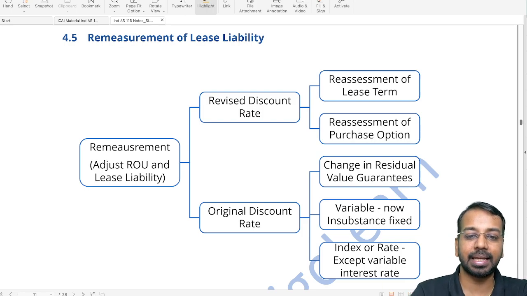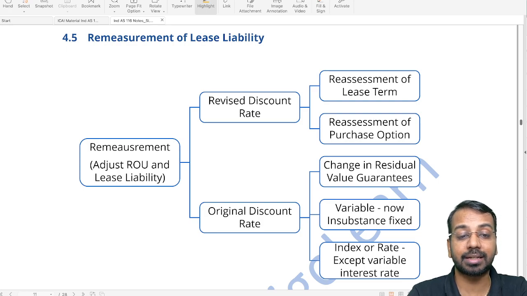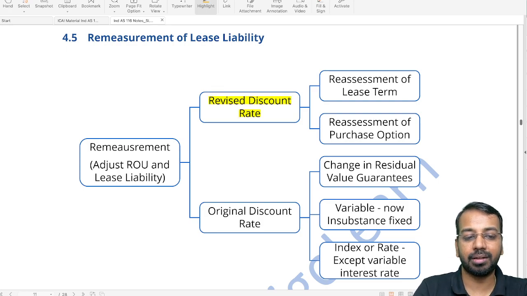If this happens, like reassessment of lease term or reassessment of purchase option, then we will use the revised discount rate and recalculate the right of use asset and lease liability.